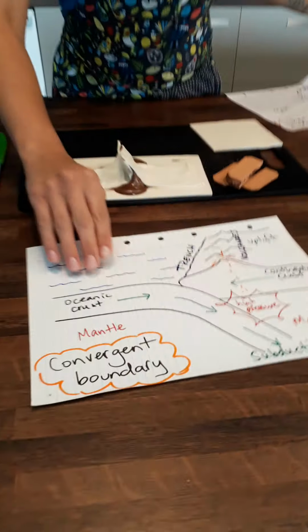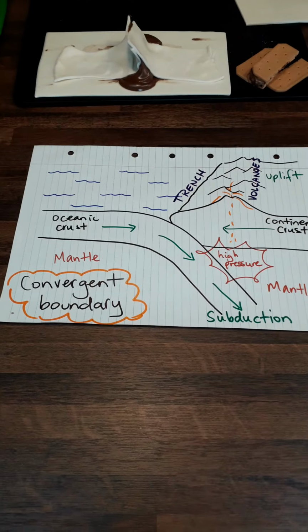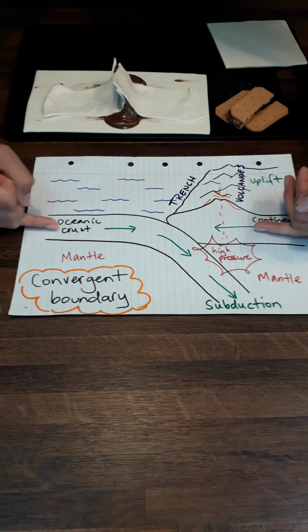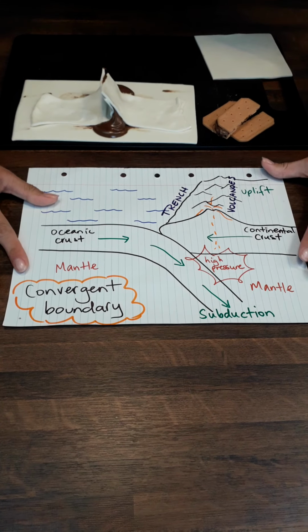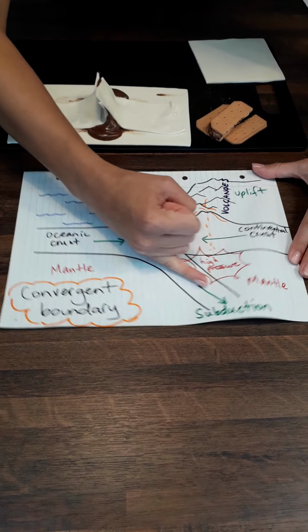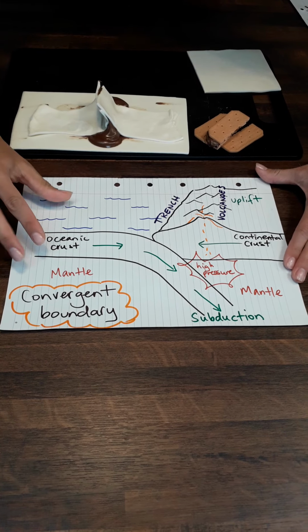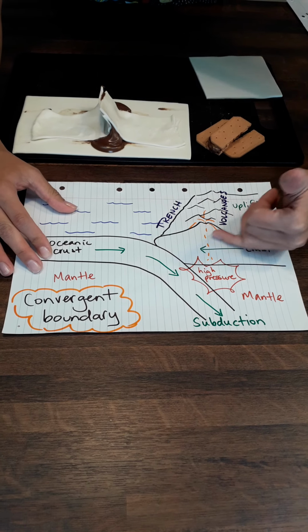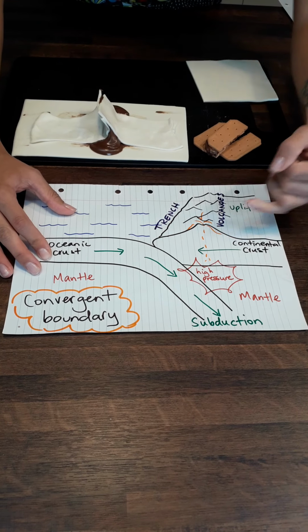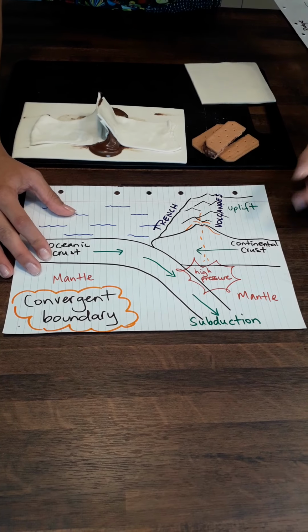This is what happens when you've got plates coming together or converging. One plate might get subducted under, sub means under or below, and one plate might come in and start getting bunched up or pushed up like we saw with the pastry.